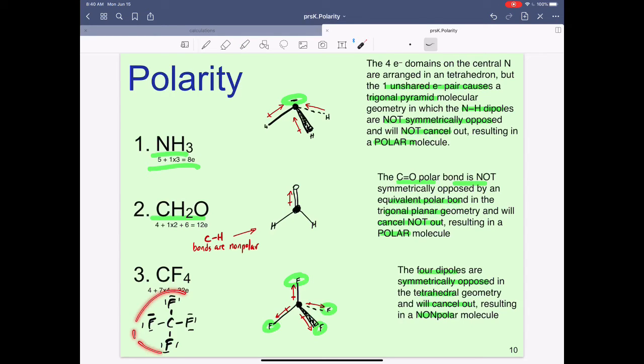Of course, even if you did think of it as a cross structure, you would probably say, great, cancel out, nonpolar molecule. So if we were to break out our pink arrow, we would say nonpolar. For this molecule, we could show polarity in this direction, and we would show polarity in this direction.